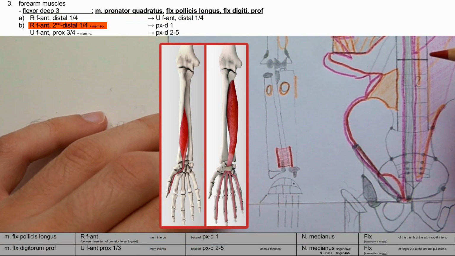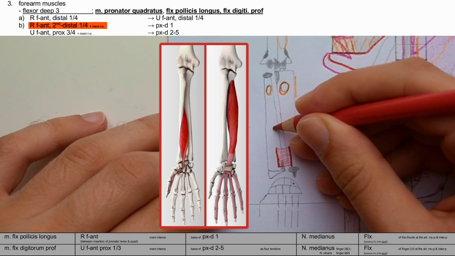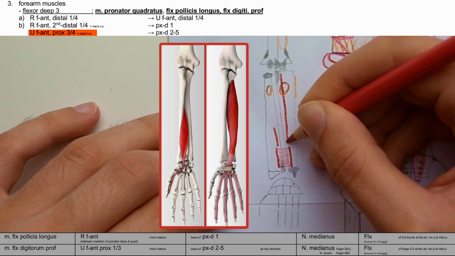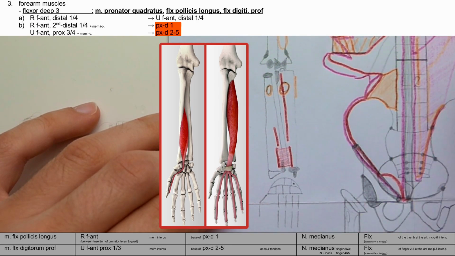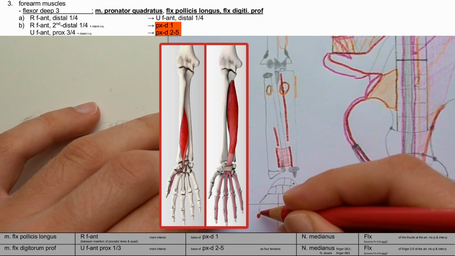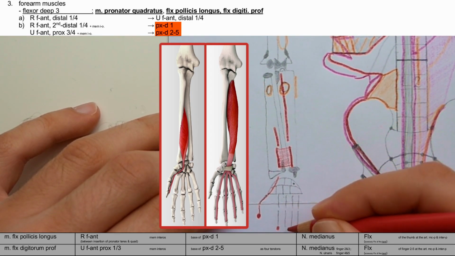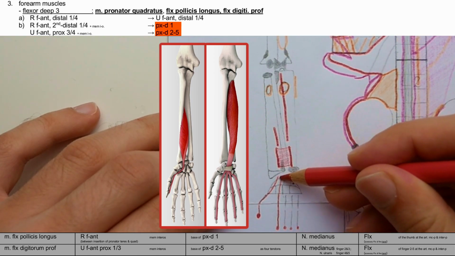For the second step, we draw the origins of the deep digital muscles, musculus flexor pollicis longus and flexor digitorum profundus. The insertions can be derived from the names. We have the phalanx distalis of the thumb and the phalanx distalis of the other 4 fingers.